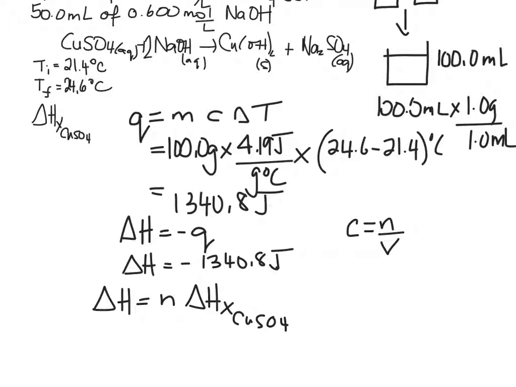We have the concentration, we have the volume. So we have 0.3 moles per liter. And how many liters do we have? How much? 50. 50 milliliters, so you have to convert that.